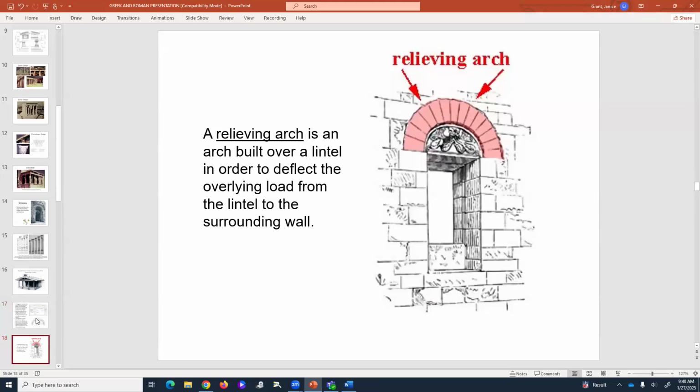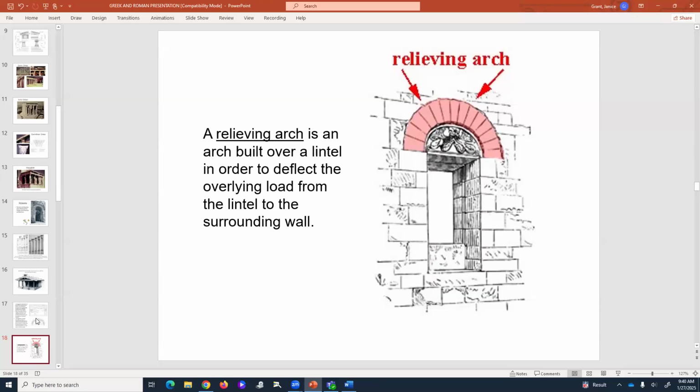But the relieving arch is very significant for us, because we see us using this, and the whole idea of support over openings. The relieving arch is built over the lintel in order to deflect the overlying loads. So we saw this in the pyramid.